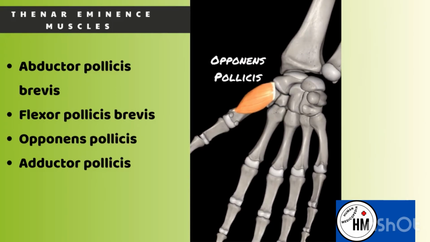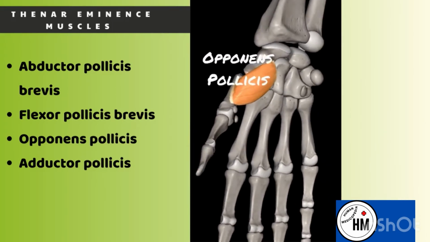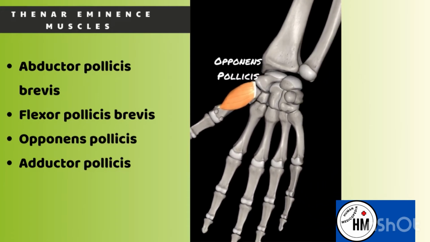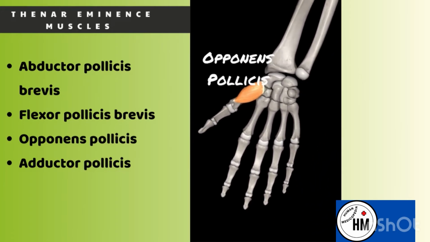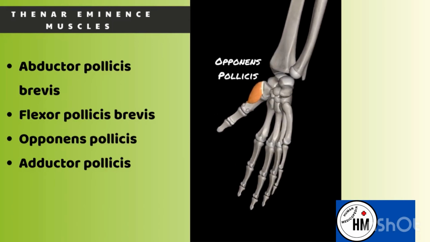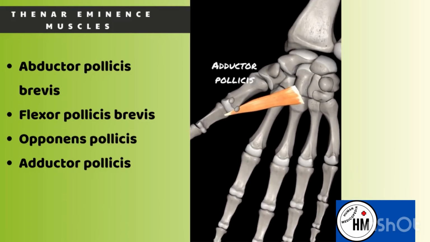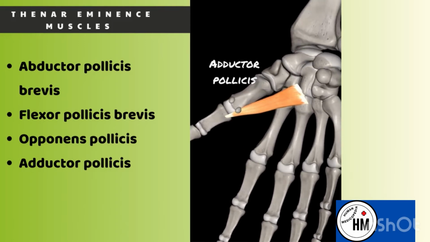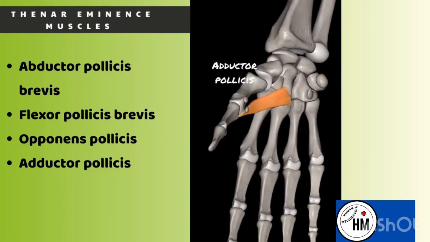This muscle will help us in reciting tasbih. Last muscle of the thenar eminence is adductor pollicis muscle. As the name indicates, it moves the thumb towards the body.